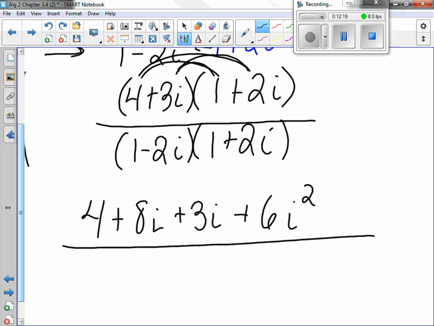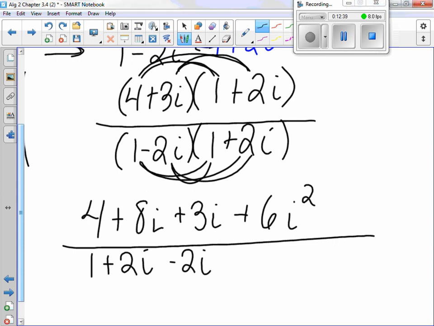So that's the numerator done, yes? We're good with that step, multiplying through. Let's look at the denominator. 1 times 1 gives us 1, 1 times 2i. So we have positive 2i. Negative 2i times 1 would be minus 2i. And negative 2i times positive 2i is going to be minus 4i squared.